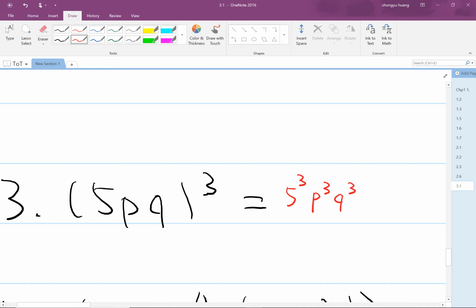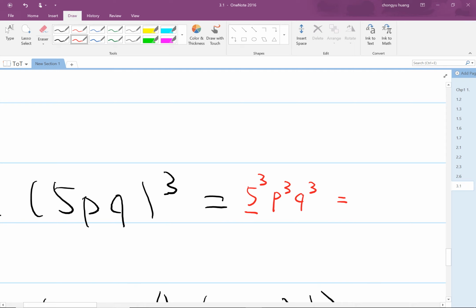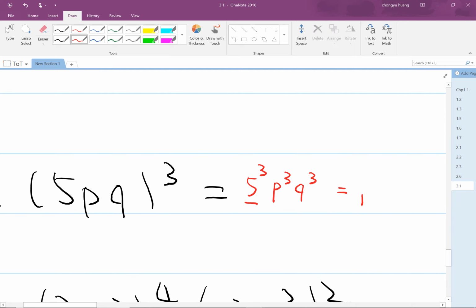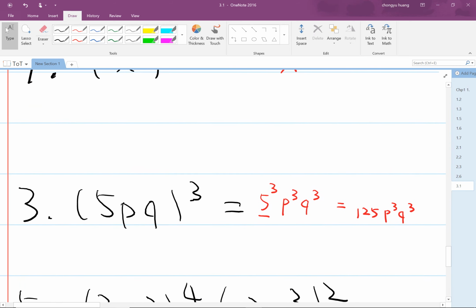Now we have to simplify a little bit. 5 to the power 3 is actually 125. So it's 125 p to the power 3, and then q to the power 3. Makes sense, right? We cannot do anything more than this, so we just leave the answer as 125 p to the power 3 q to the power 3.